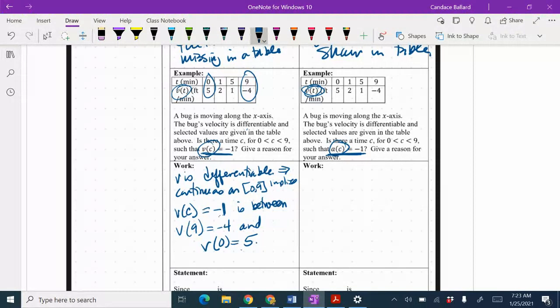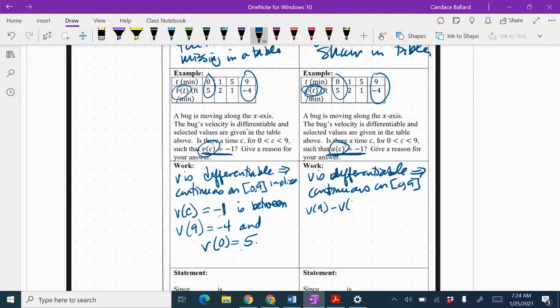Whereas on this one, we would say V is differentiable, which implies that it's continuous. So it's the same beginning on 0 to 9. And then we want to calculate the slope and show that that slope is on the graph. So we want to calculate the slope from these 2 points. So we would show V of 9 minus V of 0 over 9 minus 0.